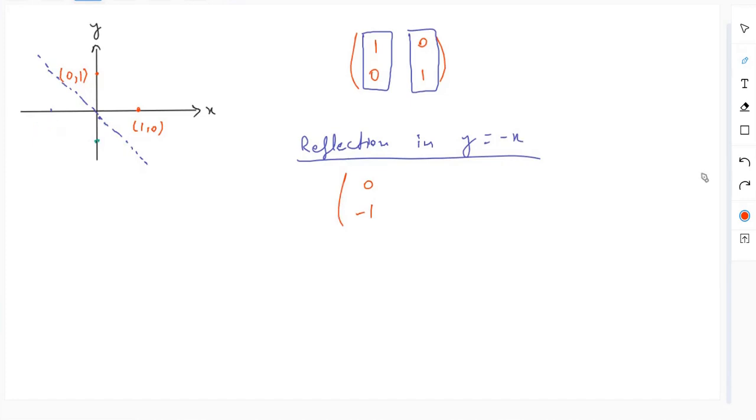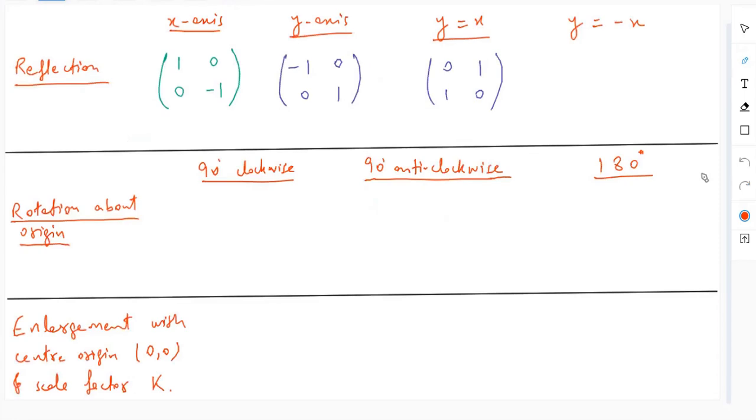So that is what we get. This is your matrix for reflection in y equals minus x. So this is going to be 0 minus 1 and minus 1 0. That's the matrix for y equals minus x.